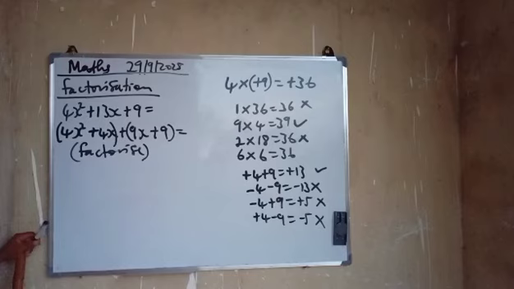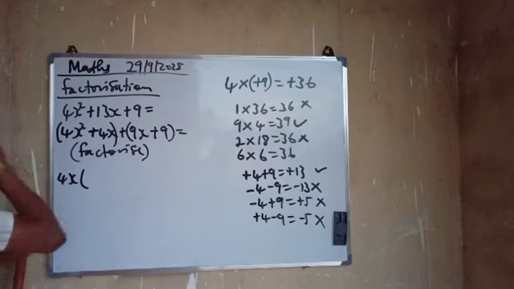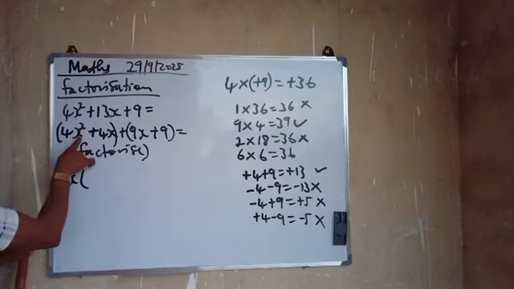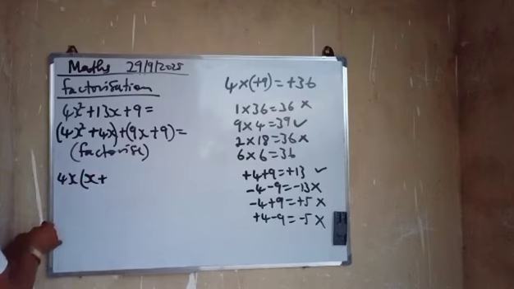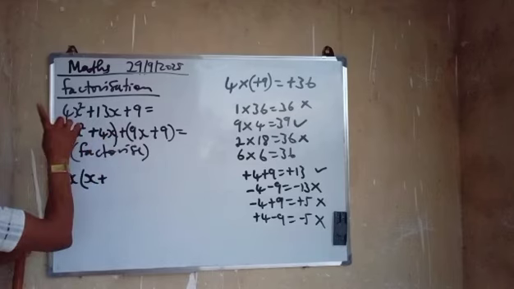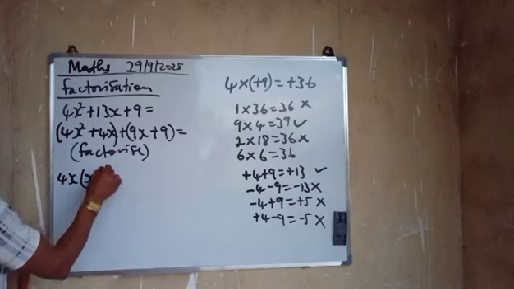We look for the common factors. We have 4 here, we have 4 here, we pick 4. We have x here, we have x here, we pick x. We now look for the remainder inside. If you pick 4, no number remains. If you pick x from x squared, x will remain. Then bring down plus. If you pick 4x, nothing remains except 1.